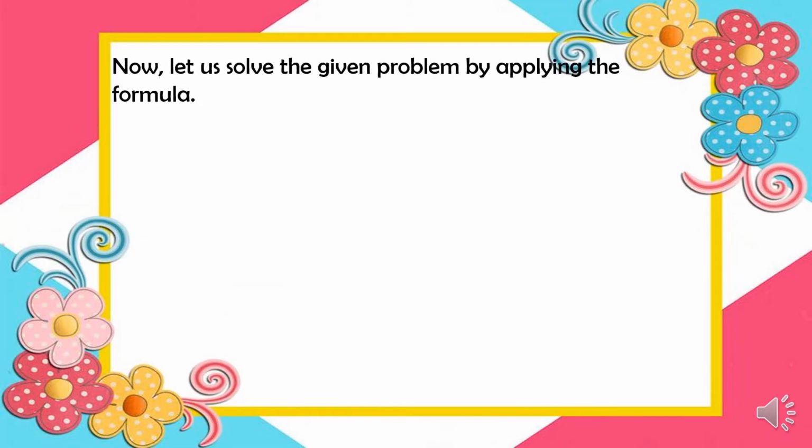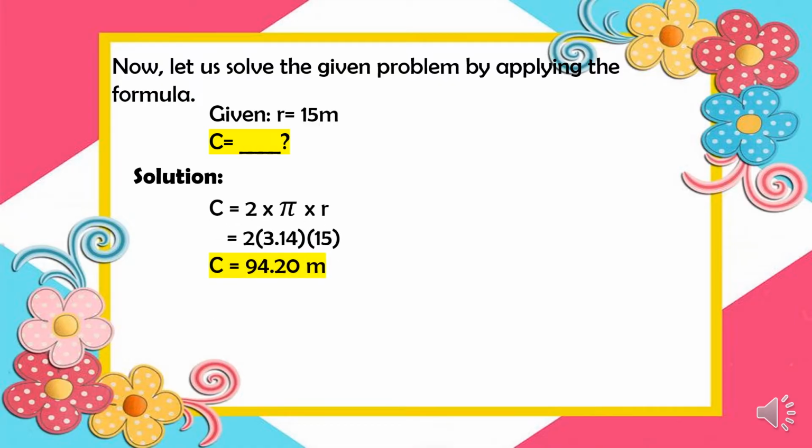Now let us solve the given problem by applying the formula. For the circle a while ago, the given radius is 15 meters. We have to find the circumference of the given circle. For the solution, the formula in finding the circumference is 2 times pi times r.